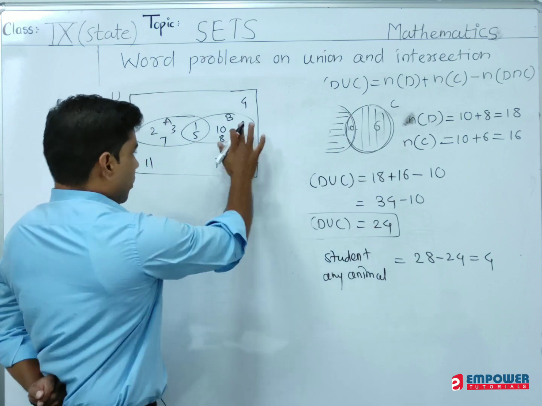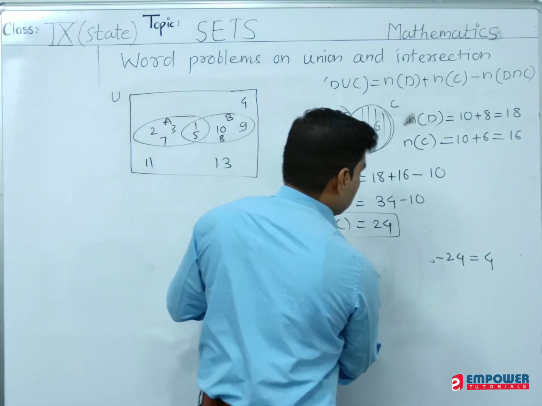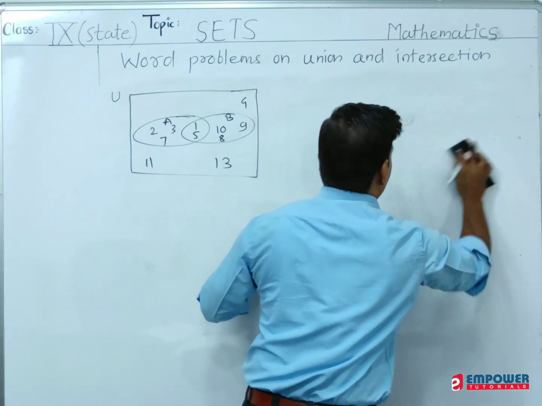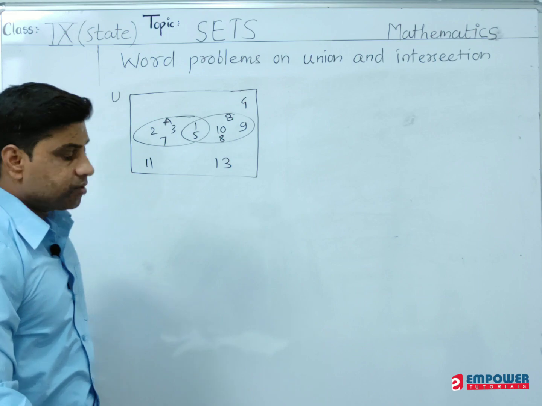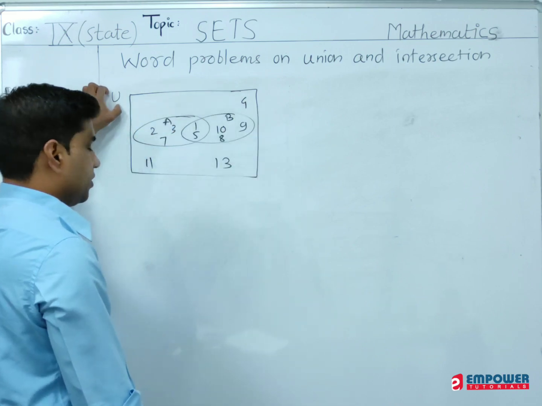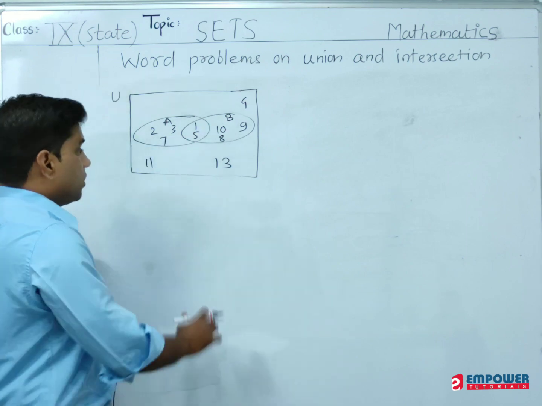Okay, so there are some questions asked. Let's see how to answer the questions based on this diagram. First understand the question. See, this rectangle is the universal set. Universal set means all the elements. What about A?